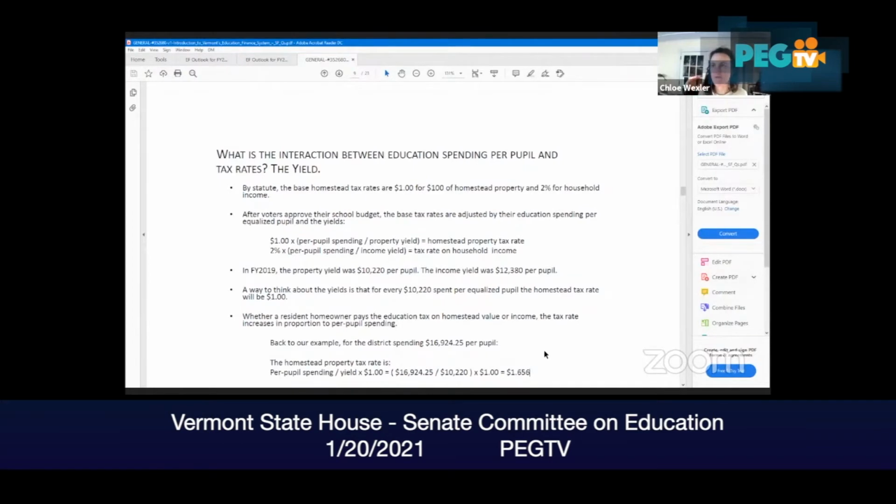So if schools decide to spend more than we anticipated, say we estimated an additional 2% and that's where we initially set the yield, and then budget information comes in and everybody is going to spend 3%, there'll be an increase for homestead property taxpayers and the same increase for non-homestead property taxpayers. That increased contribution from the non-homestead properties, we factor into what we're able to guarantee for a property tax rate of $1.